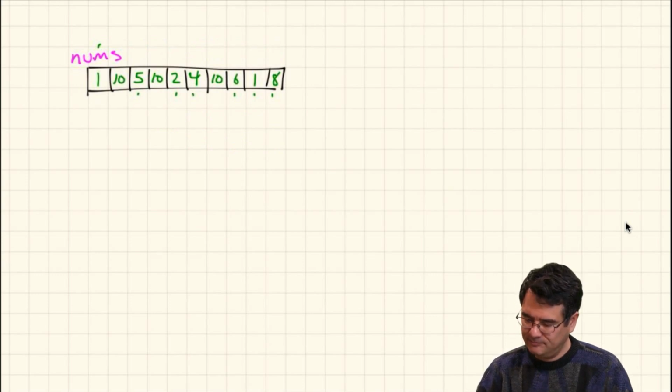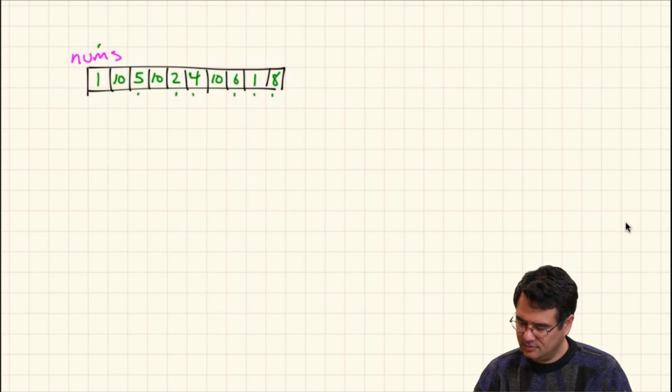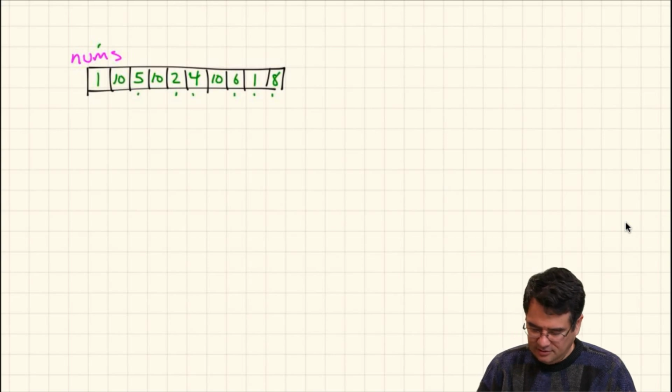So what we're going to do here is the 1 stays where it is. The 10 we are going to ignore. We're going to jump over it, skip it, and then move on to the 5. And the 5 is going to go where the 10 was. So we're going to replace the 10 with a 5.